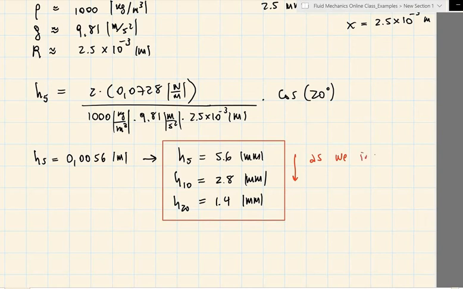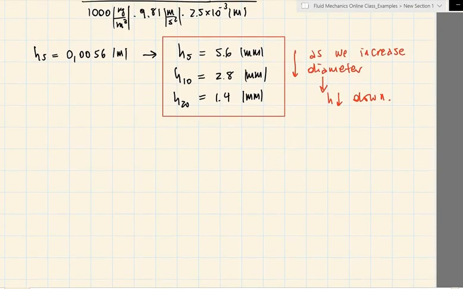So as we increase the diameter of the capillary tube, we cause a decrease in the rise of the water column.